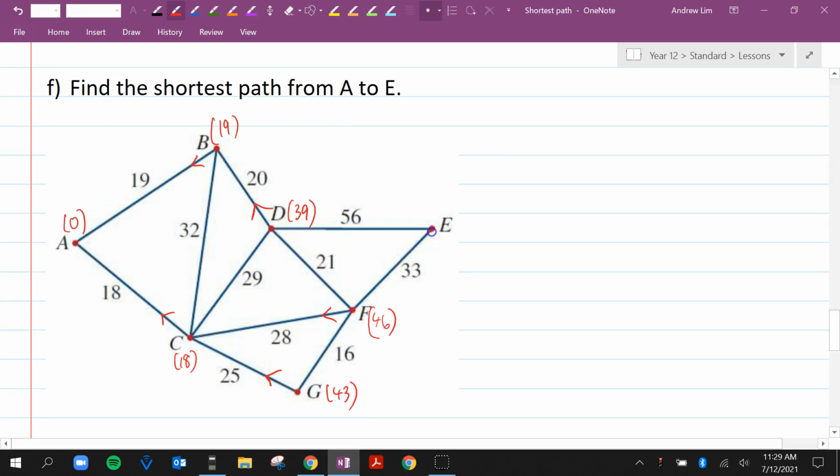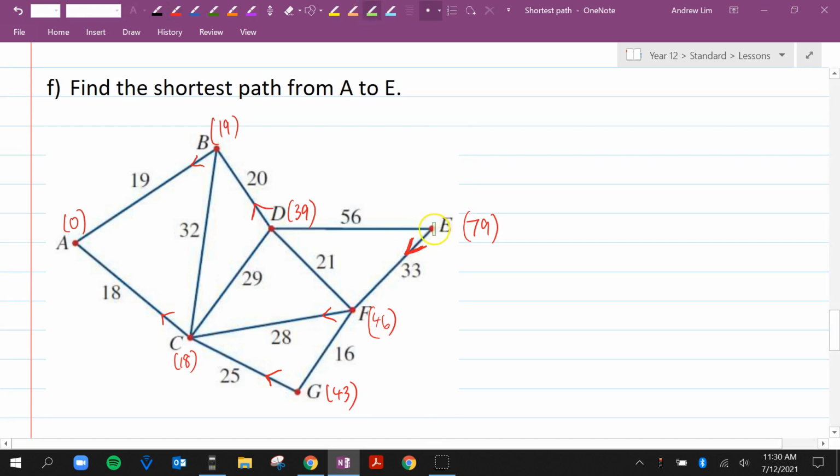Right, now there's only two ways to get to E. So 39 plus 56, or 46 plus 33. So this one's 95, or 79. So 79 is the shortest from this way.